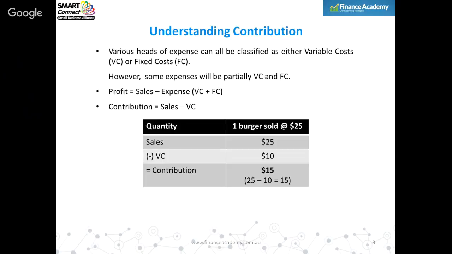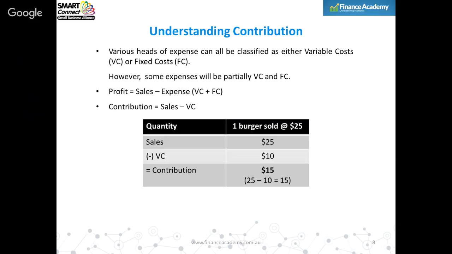Let us go back to the example of that particular burger shop. Let us imagine you are selling one burger for $25. So you charge $25 to the customer who buys one burger. Again, as I told you, this is just an example for us to easily understand through easy calculation.